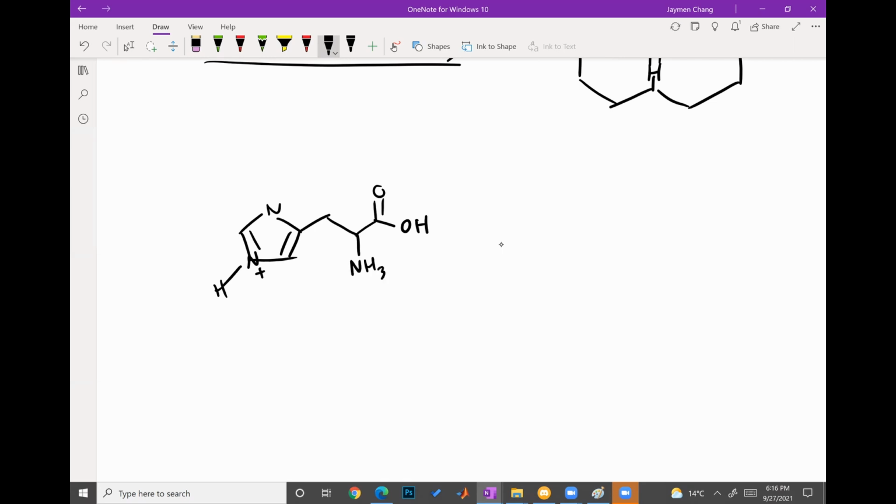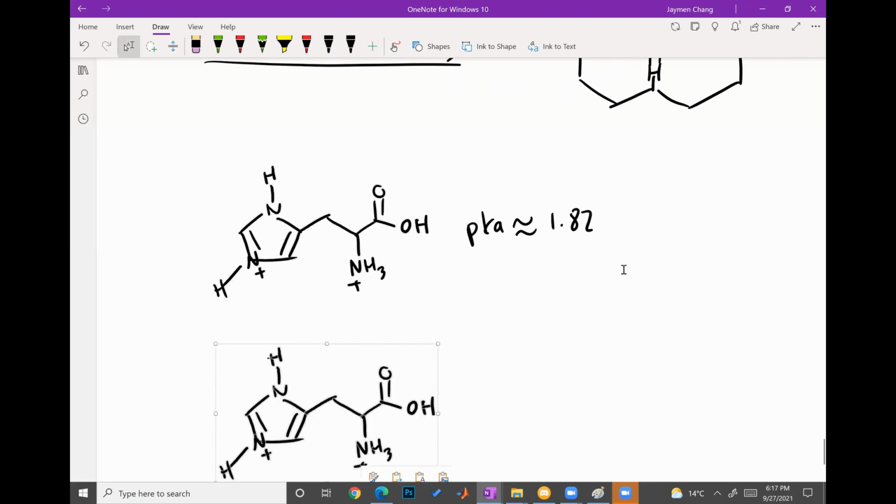So we have an NH3 plus, and we have, okay, this we'll call a pKa. We'll say it has a pKa of around 1.82. And the next one, I'm just going to copy and paste it. Okay.